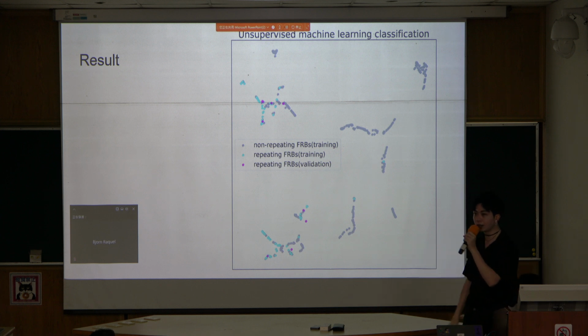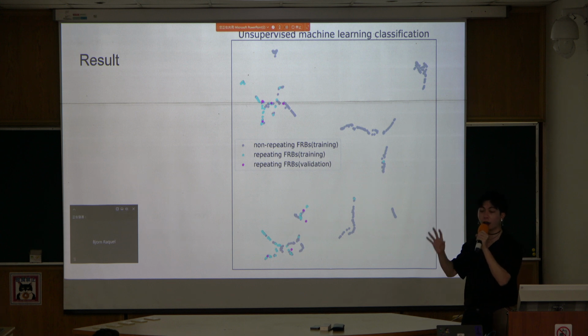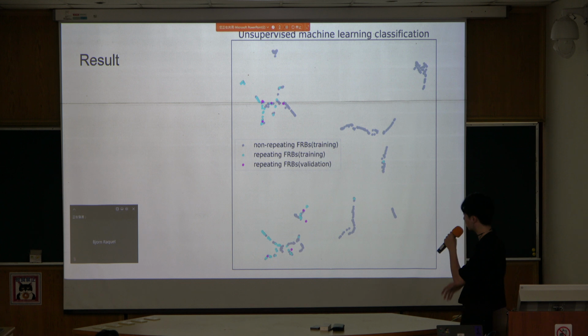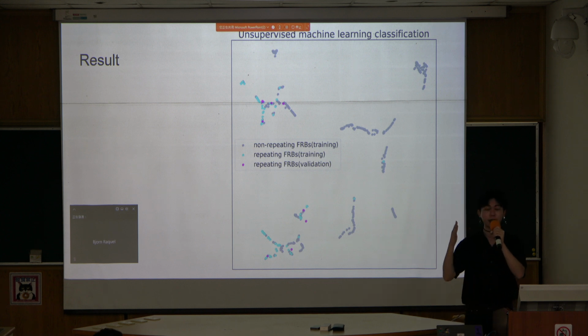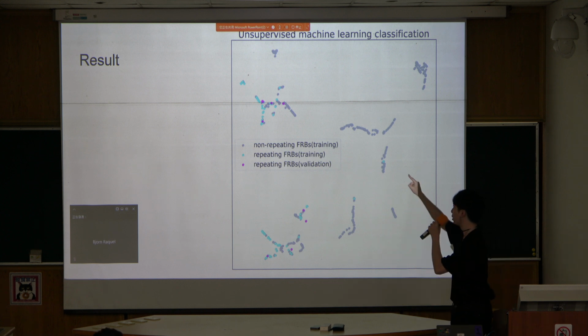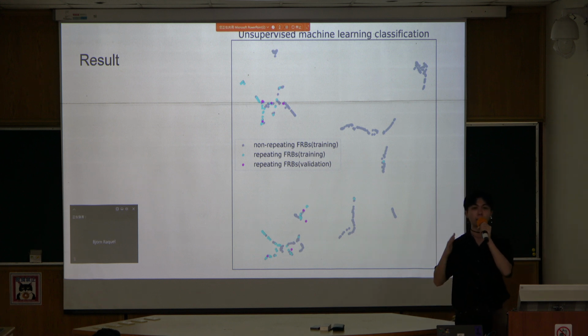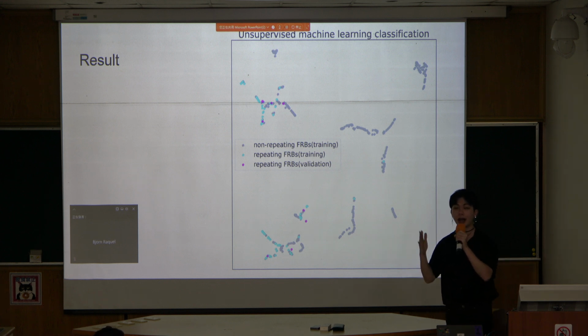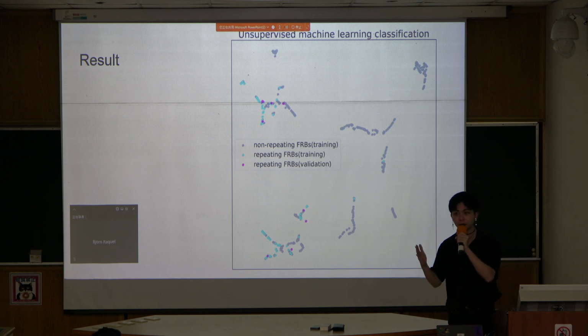So here, we say that these three clusters are the FRB clusters that have repeating properties. The rest of them are not. And meanwhile, we see the gray points are also there in these three clusters. So here we say that these gray points in these three clusters have similar physical properties to those repeating fast radio bursts. As a result, they are very likely to be our FRB repeater candidates.